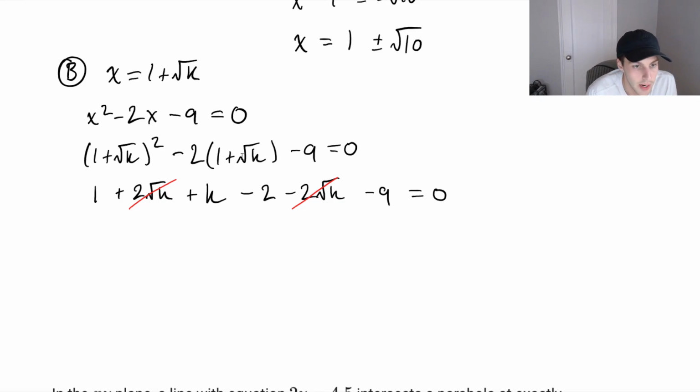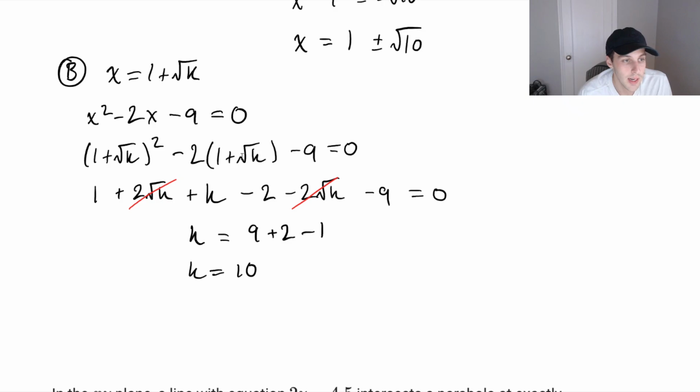And then we've got k left on this side. If we move the 9 to the other side, the 2 to the other side, that's 11. And we've got minus 1. So this just becomes 9 plus 2 minus 1, which is 10. So it tells us right there, k is equal to 10. Another way that we could solve this question.